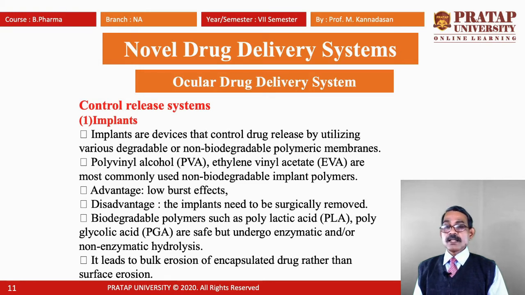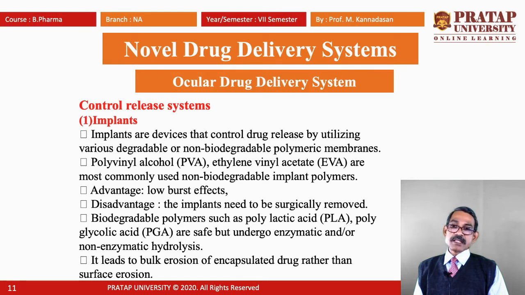First we discussed the vesicular systems, and now we come to the controlled release systems, the ophthalmic implants, such as Accusert, which are commonly available products. Now let us briefly discuss implants in the ophthalmic system. Implants are devices that control drug release by utilizing various degradable or non-biodegradable polymeric membranes.